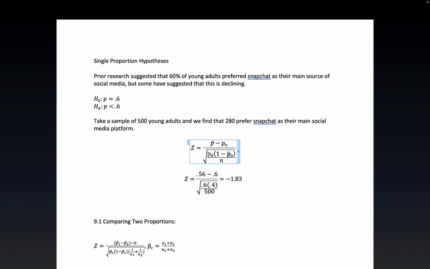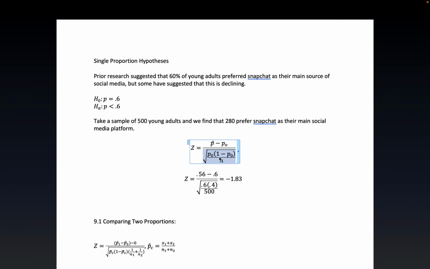We're using the null value in the standard deviation because at the time, the null is what we would maybe refer to as the assumed truth. So if it's what was true or what still may be true, then we should use that as our main source of standard deviation because, again, we're not sure if this is true or not true, but it's the best information we have.